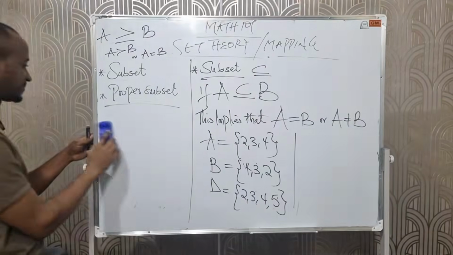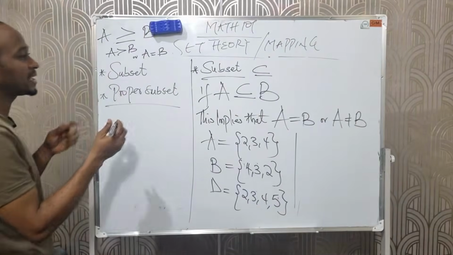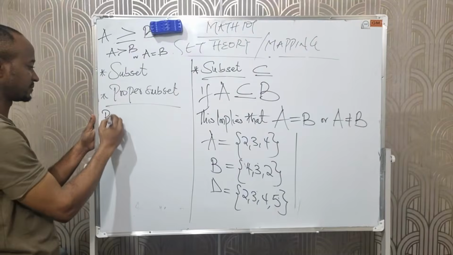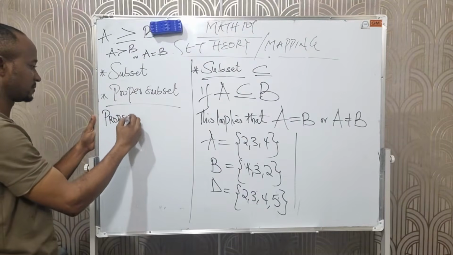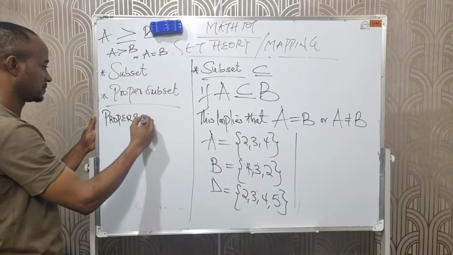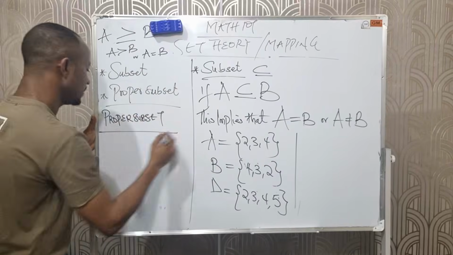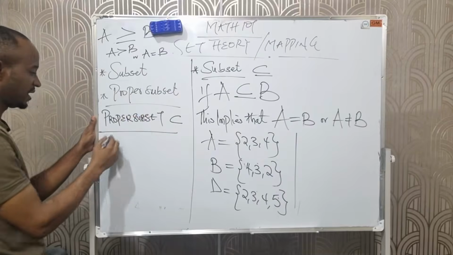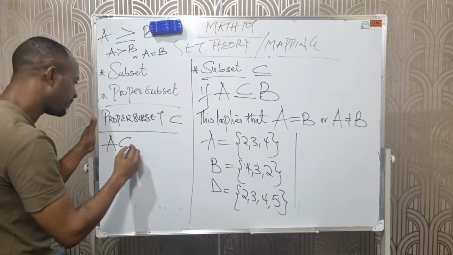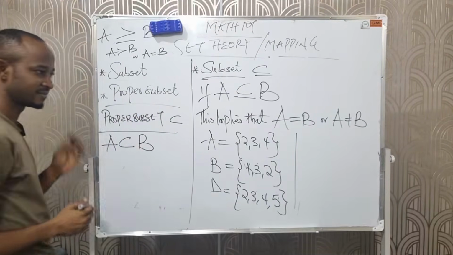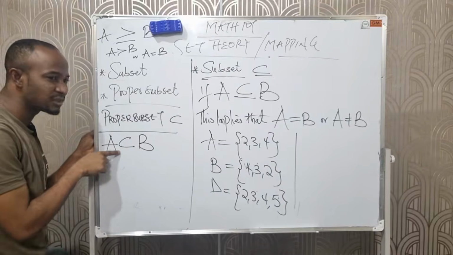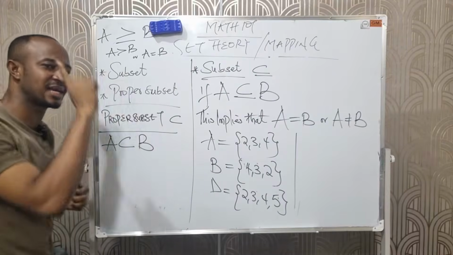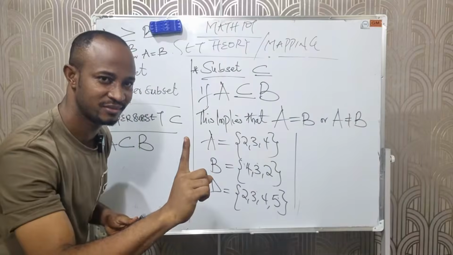For proper subsets, the symbol is this, just this curve. If A is a proper subset of B, since there is no equal sign here, it means the proper subset has only one condition.